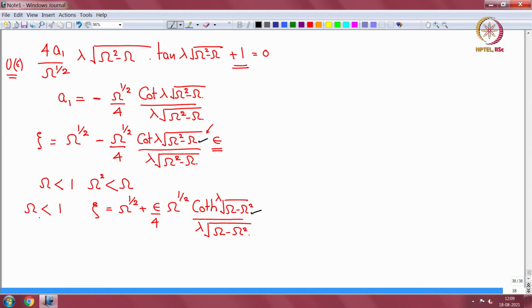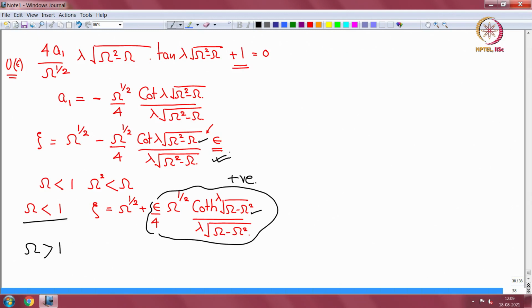Okay, and that's below omega less than 1. So this thing is a positive number. Whereas for omega greater than 1, we still have this term over here, and it changes sign about a certain frequency. So let us see that frequency.